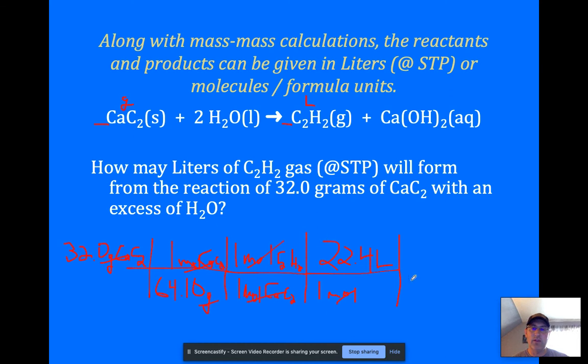So your moles cancel and you're left with liters, which is what you want. Let's do the math: 32 divided by 64.10, times 1 divided by 1, I know it's the same but still needed, times 22.4. And you get about 11.2 liters of C2H2.